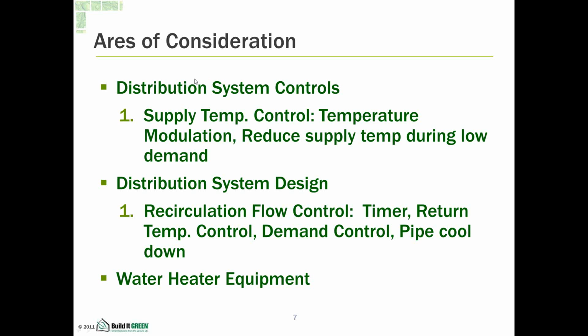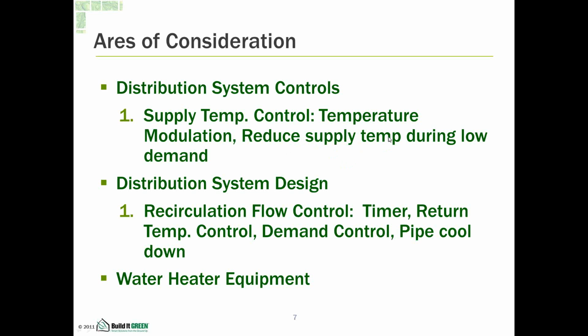Some areas of consideration when you're looking at these domestic hot water systems or plants are the distribution system controls, so the temperature controls, the modulated temperature controls, and also just checking. You also want to see if you can reduce supply demand. For the distribution system design, you want to always map the pipes in the boiler room.